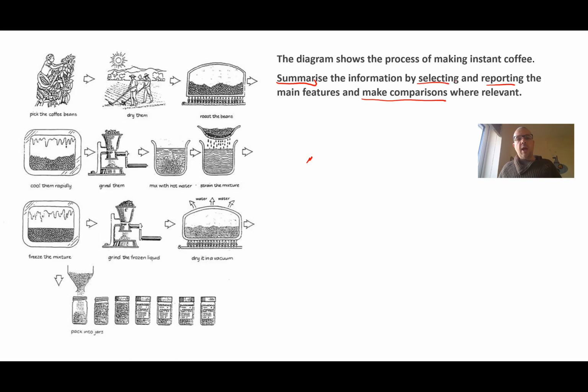So if you have a process like this, which is linear, what you want to do is identify, yes, the number of steps, but more important than that, can you identify phases of production? In this case, I'm looking for 3, and that's for the same reason as every time we do a task one writing.